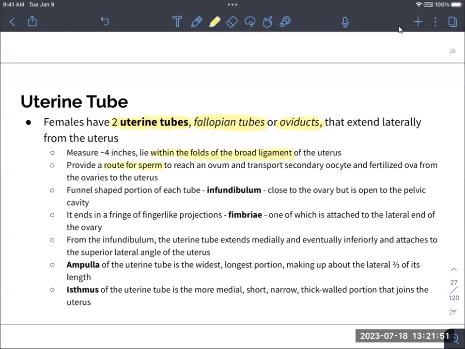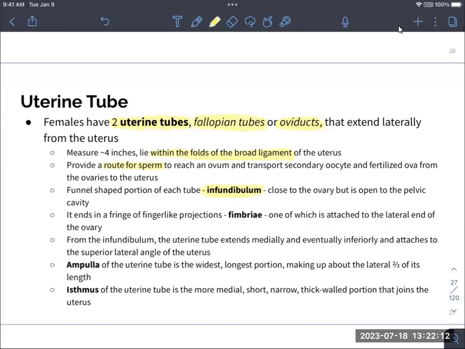At the top, there's this funnel shape that's known as the infundibulum. This funnel shape, it's close to the ovary. It's not completely over top of it, but that's to help act like a funnel to catch that secondary oocyte.